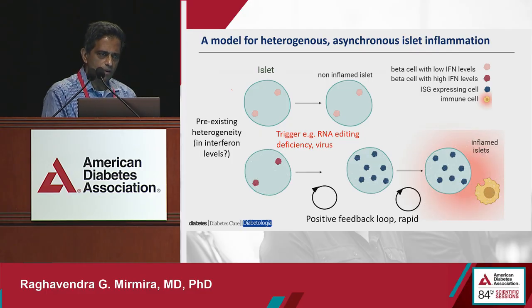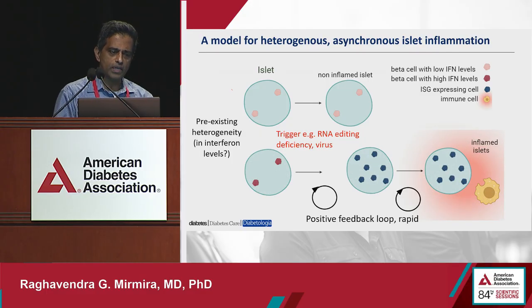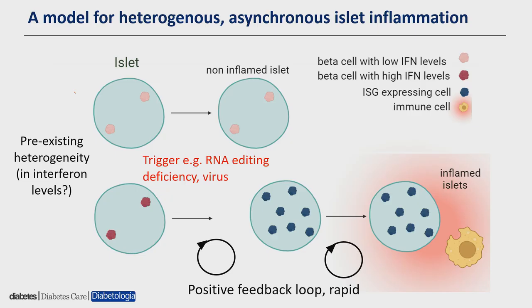On the flip side, there are probably populations of beta cells where interferon levels are actually higher at baseline, and that when these cells are exposed to a trigger, then you start to see the process of islet inflammation and then the influx of T cells. So this would suggest that there may be heterogeneity inherent in the beta cells, and that might provide some evidence for, or at least some explanation for what we've seen in the pathologic specimens.